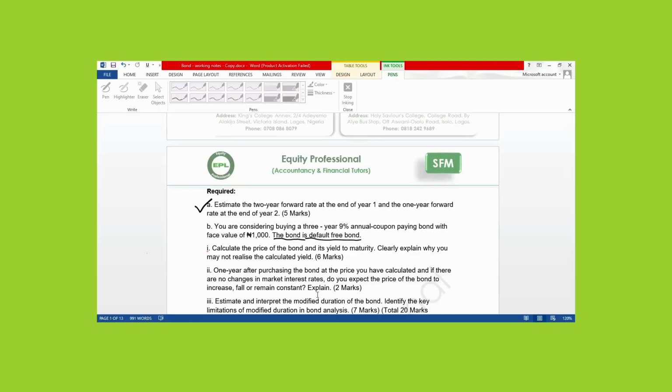The price will decrease because the price of a premium bond will fall as the bond approaches its maturity period. That is the 2 marks.